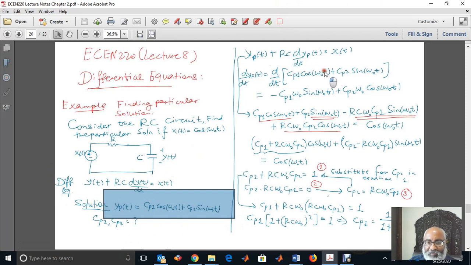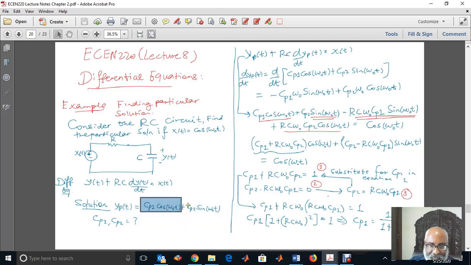The original differential equation is, if we substitute it, y_p of t plus RC dy_p by dt is equal to x of t. So what's the derivative of the particular solution? The derivative of the first part: the derivative of cosine is minus sine, and by chain rule, the derivative of omega naught t is omega naught, so it will be minus Cp1 omega naught sine omega naught t.